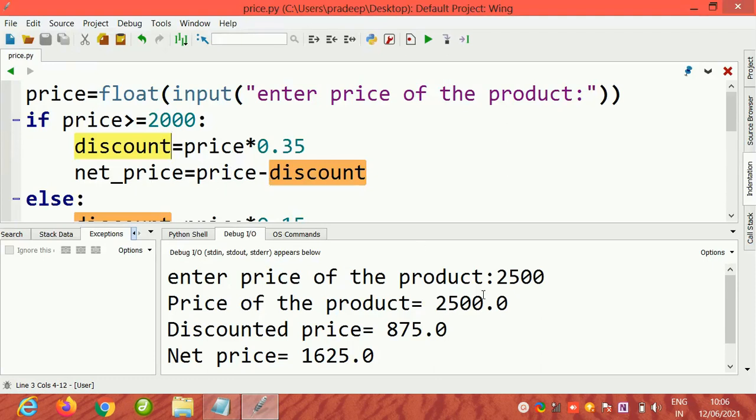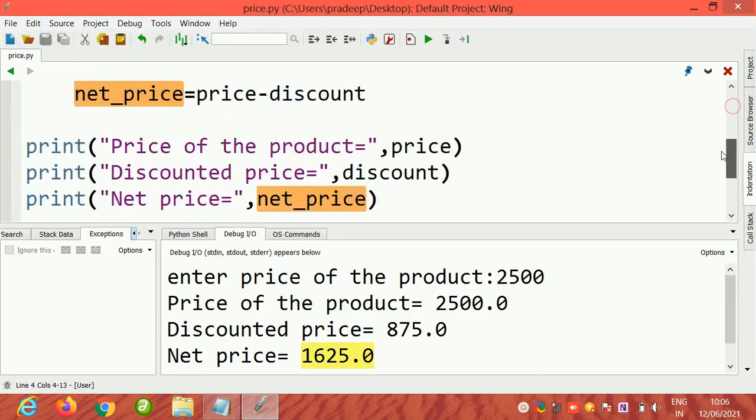Your price is 2500 minus your discounted price 875. Now 2500 minus 875, net price is calculated, that is 1625 is stored inside net_price variable.